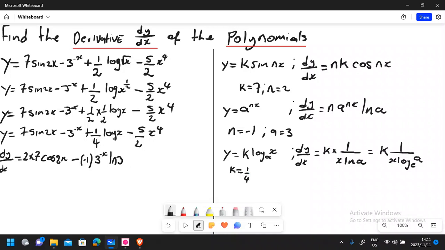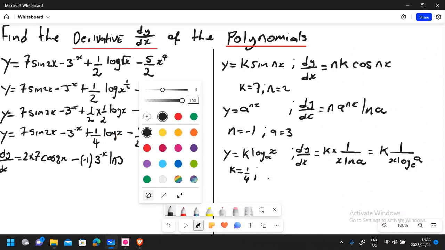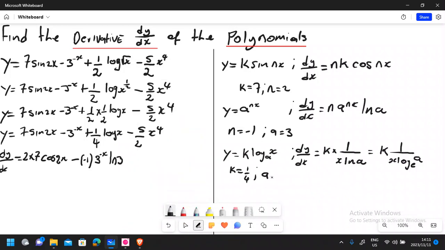And then our a: I have to remind you, if the base of a log is not written, as you can see here, we don't have the base, the base usually is 10, meaning a is going to be 10. So a is 10 and k is 1 over 4.